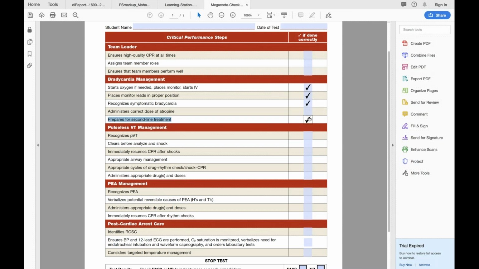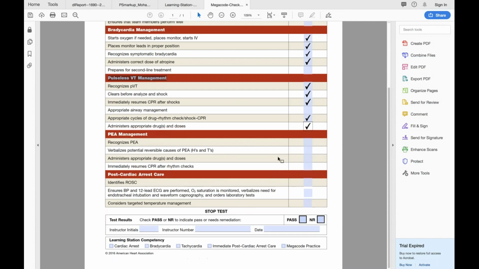Now, if you did not go to the second line treatment and I change the rhythm to pulseless VTAC for you, I want you to recognize it. I will put yes, you recognized this is pulseless VTAC. Then you will go through all these things. At the end, we will change again to PEA, and you recognize it.